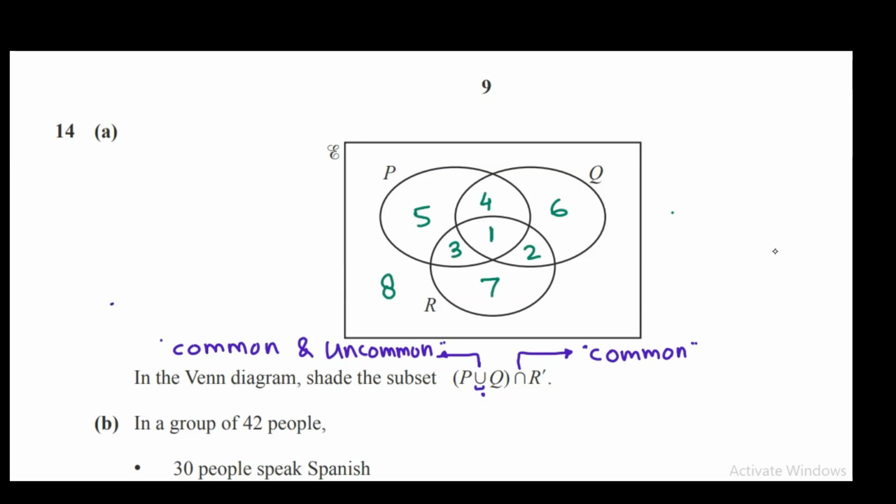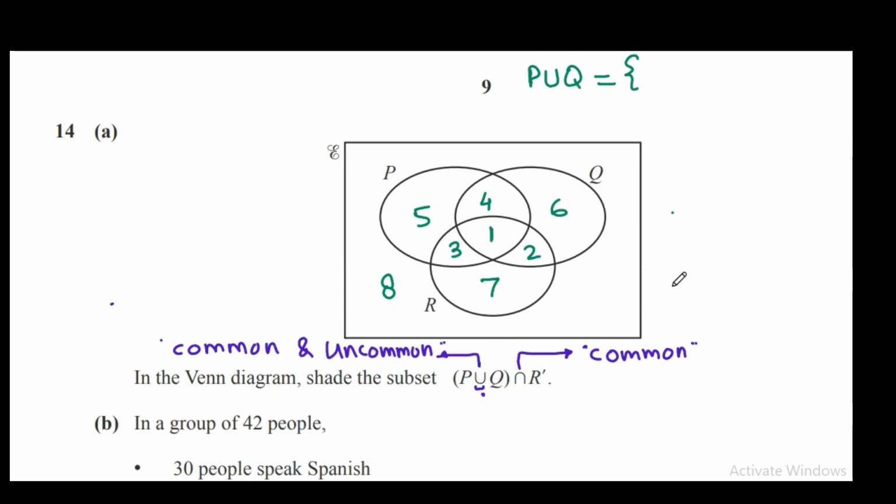Now, find the set P union Q. As I have explained, P union Q is the set of common and uncommon elements of P and Q, both.